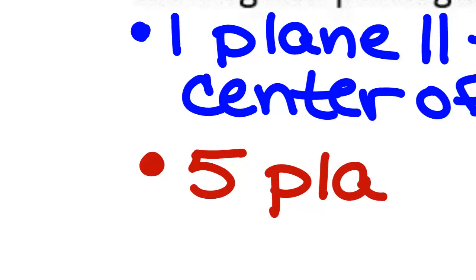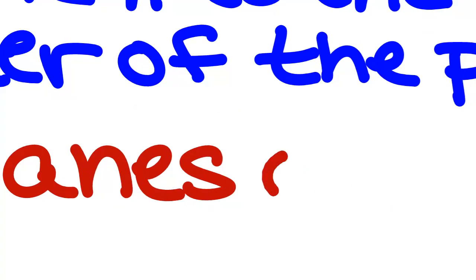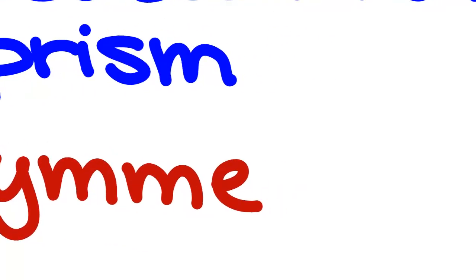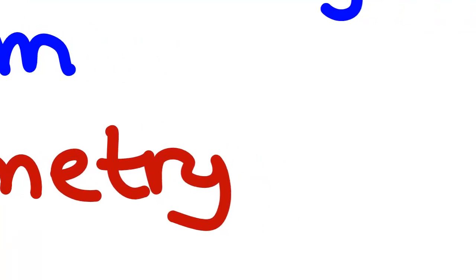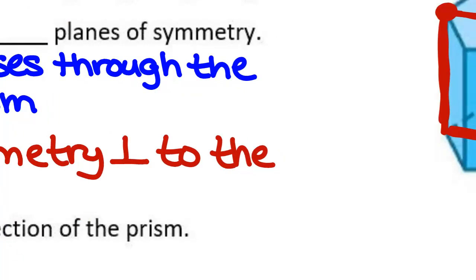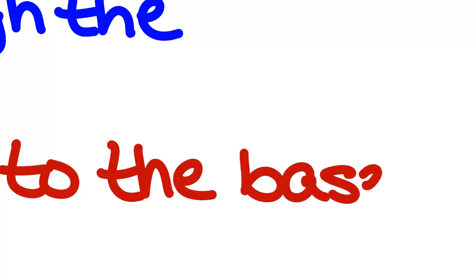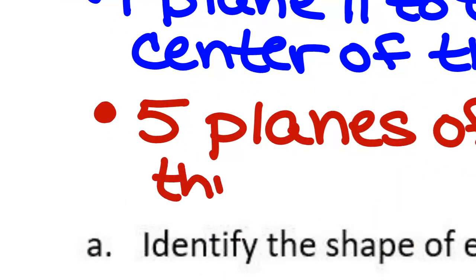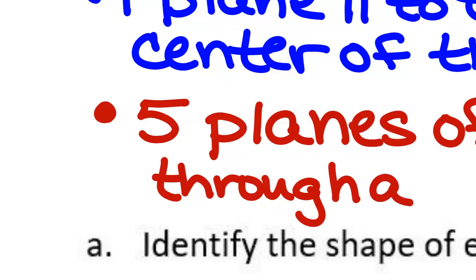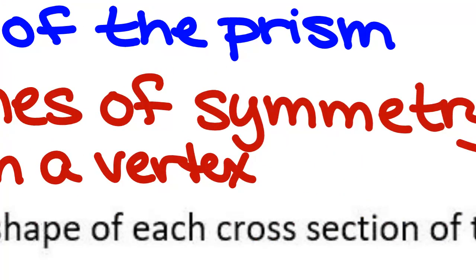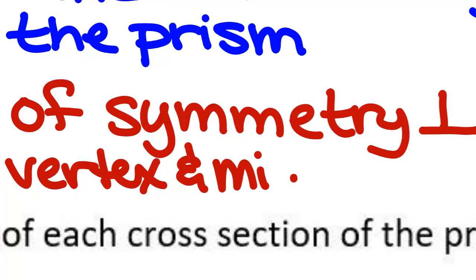So there are 5 planes of symmetry perpendicular to the bases, through a vertex and the midpoint of the opposite side.